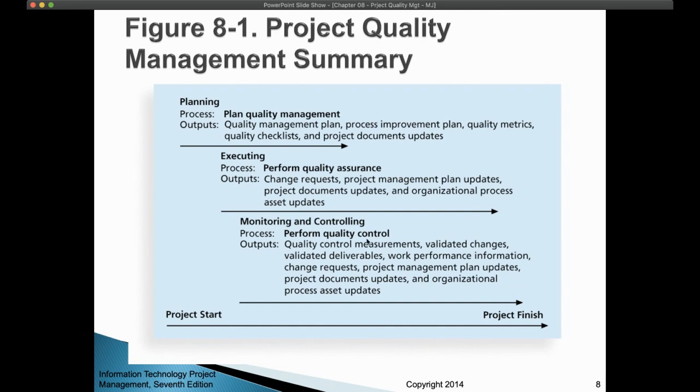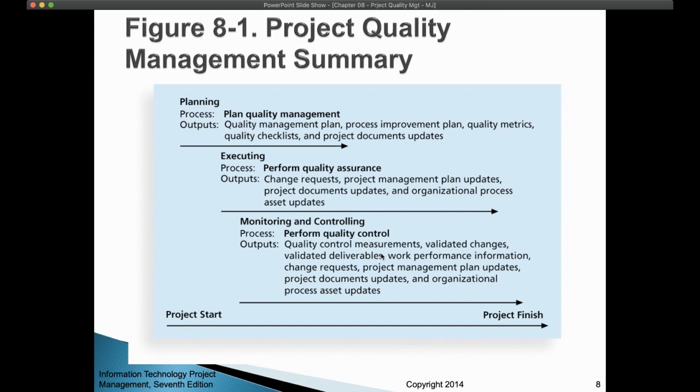And other updates to the plans and others. In monitoring and controlling, you perform quality control by having measurements. So the output will be measurements, validated changes, and some changes have to be validated and then approved through the procedure.